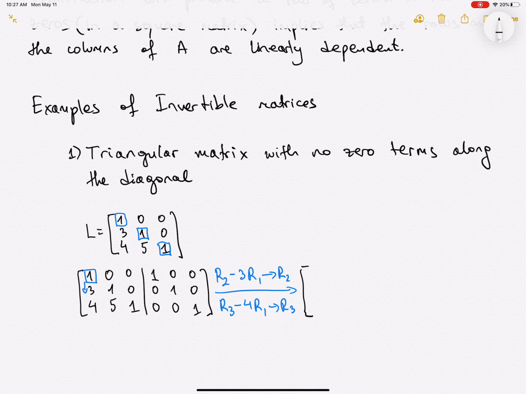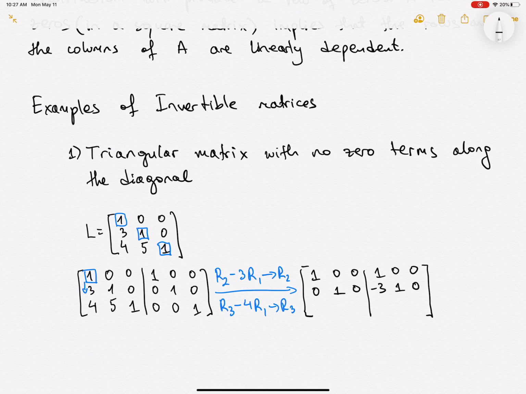What I get is the first row stays unchanged, 1 0 0, and then 1 0 0 in the augmented matrix. Then I have 3 minus 3, which is a 0, 1 minus 3 times 0, that's a 1. The 0 stays unchanged. Then we have 0 minus 3, so that's a negative 3. And then 1 0, those remain unchanged.